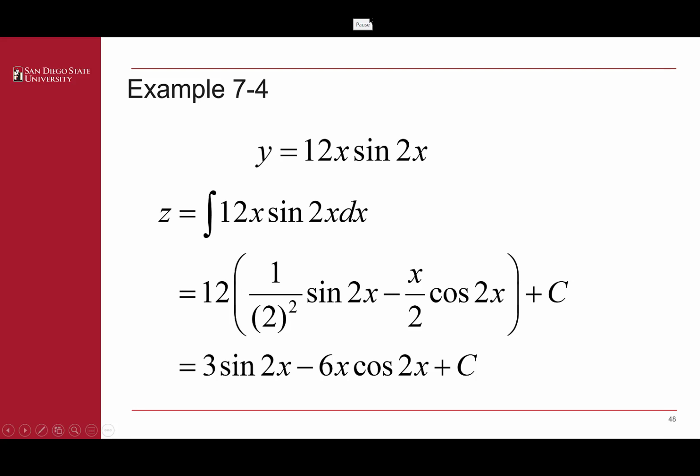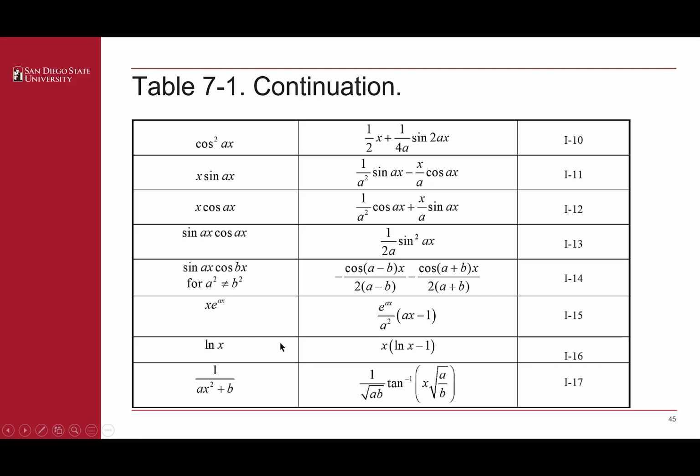Another one here, y equals 12 times x times sin 2x. And 2 is inside the sine, please pay attention. So Z becomes the integral of this, and again we use the table. Let's look at sine.